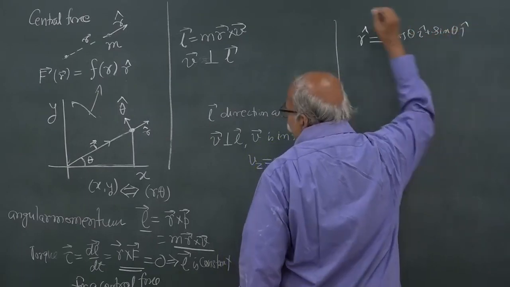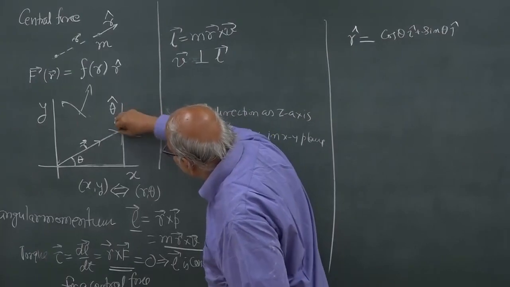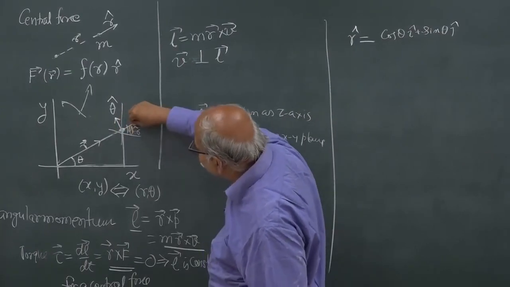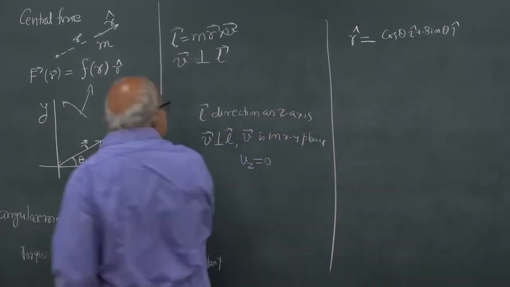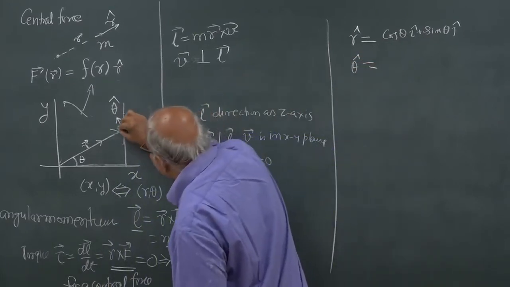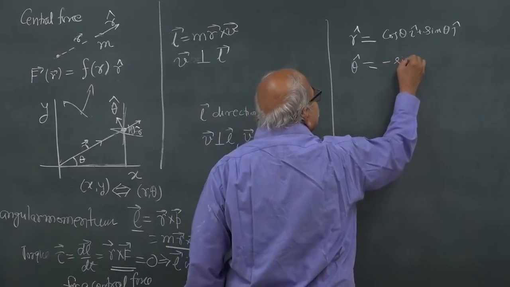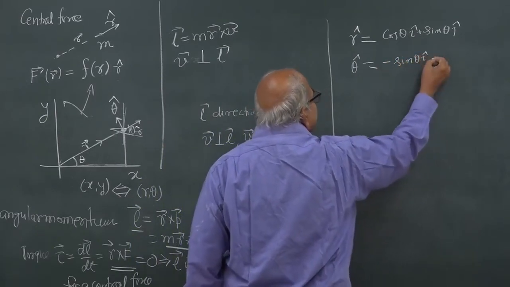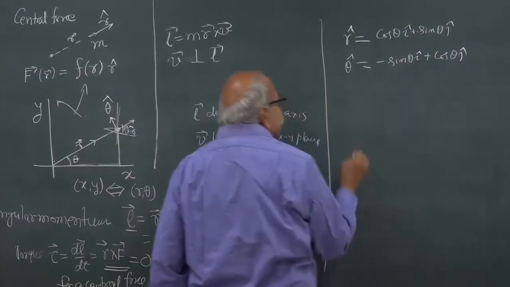Verify, this angle is theta, this angle is theta, so this unit vector has cos theta this component and sin theta that component. And theta cap, it has one component this side, one component that side, so minus sin theta i cap plus cos theta j cap, that is theta cap.